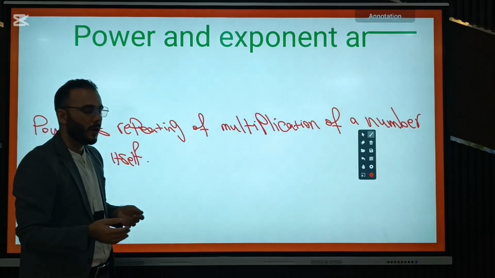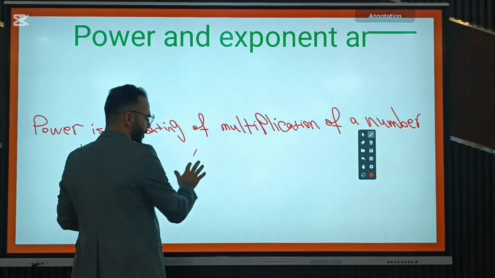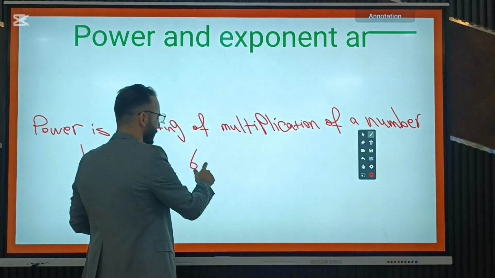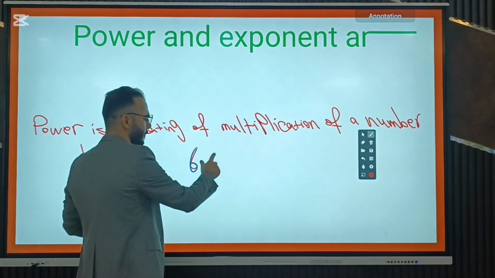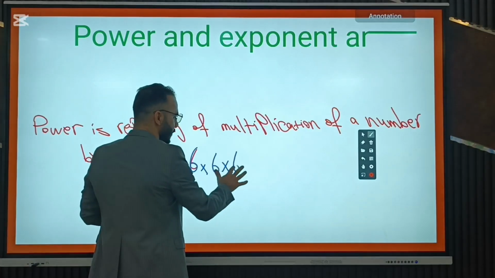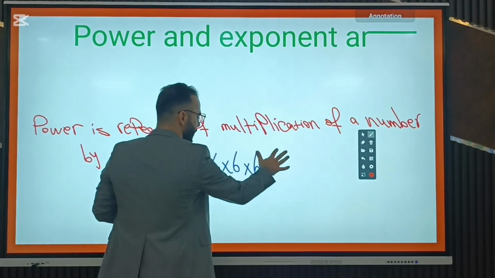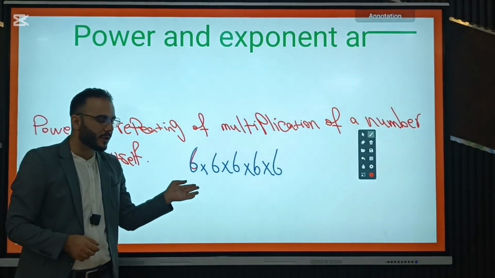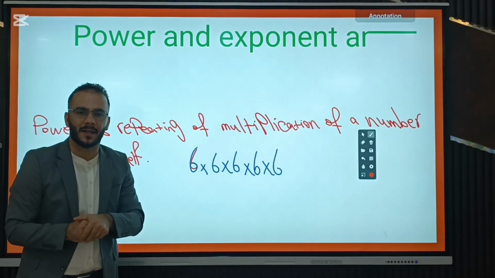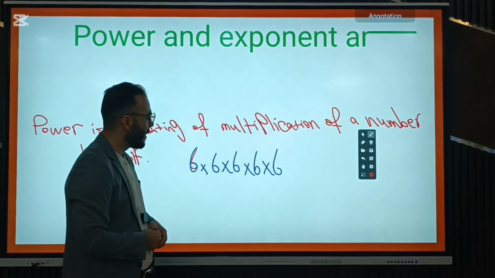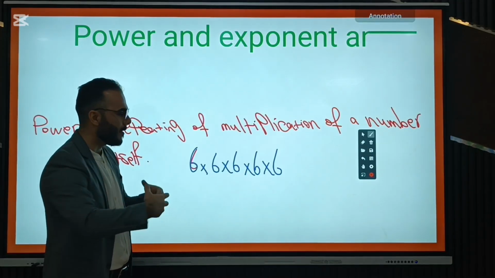Example, let's say we have the number 6, and we multiply this 6 by itself, let's say 5 times: 6 times 6 times 6. That is a repetition of multiplication of the number 6, 5 times by itself. So we can show this multiplication statement in a power form.